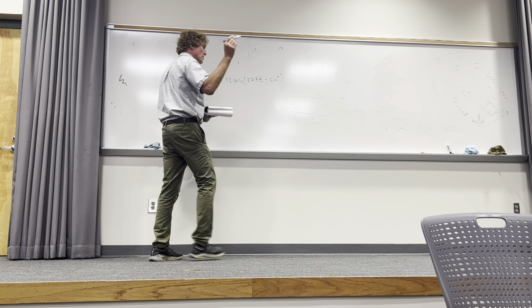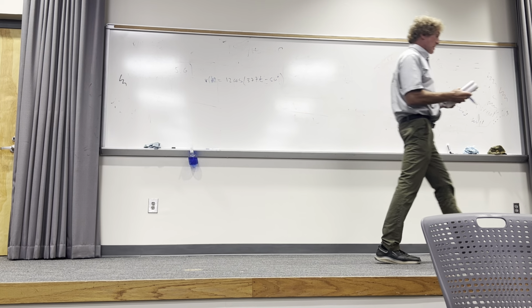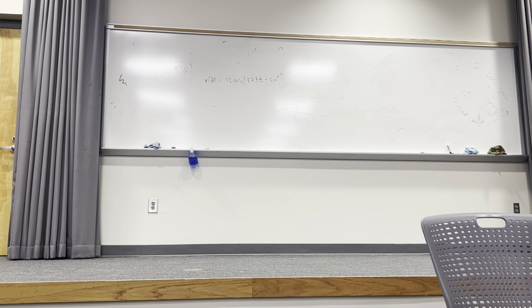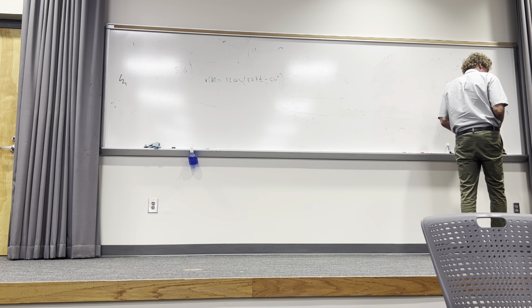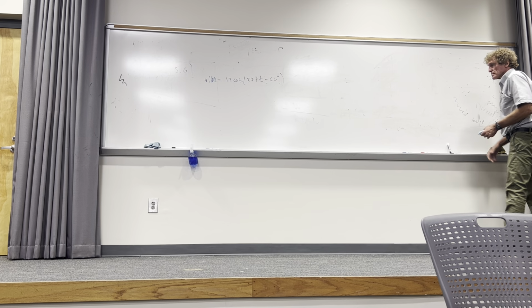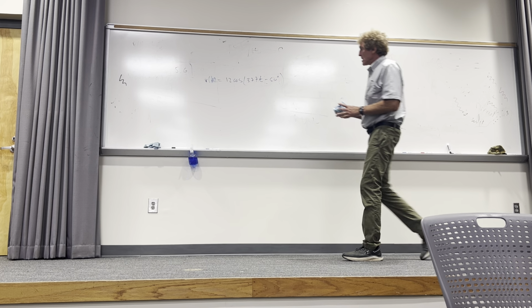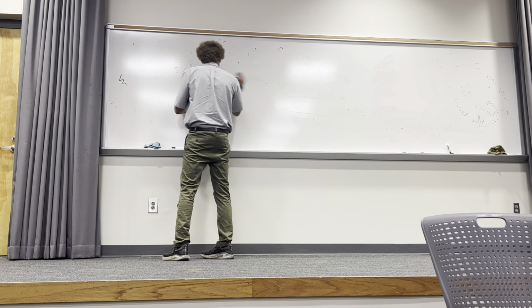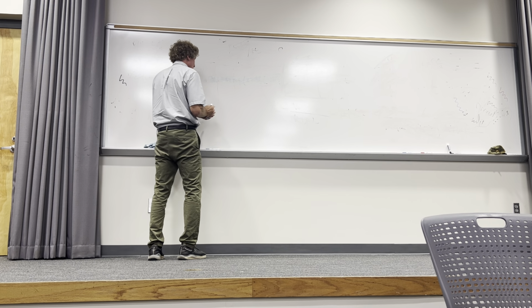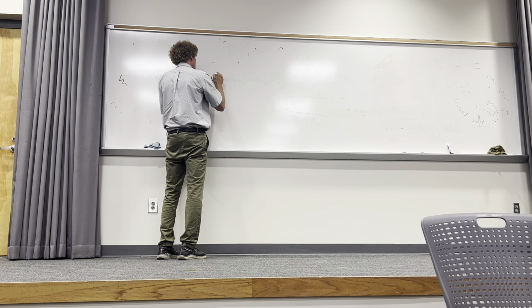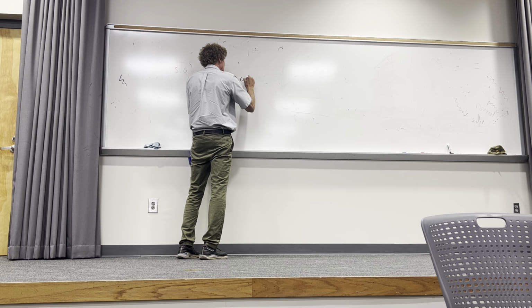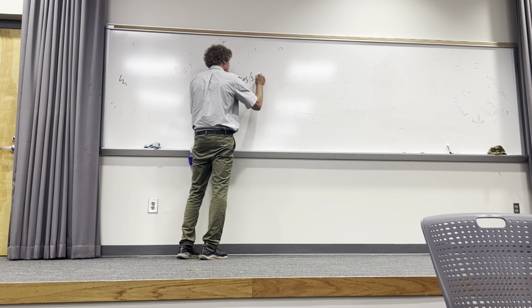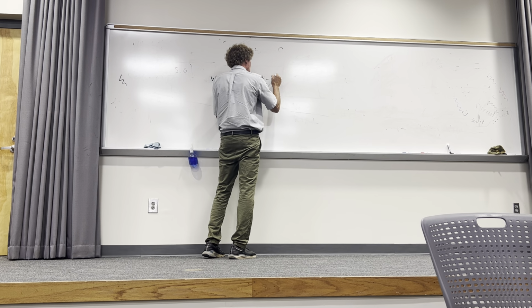Let me get a darker marker. So they have V of t is equal to 12 cosine of 377t, and then minus 60 degrees.